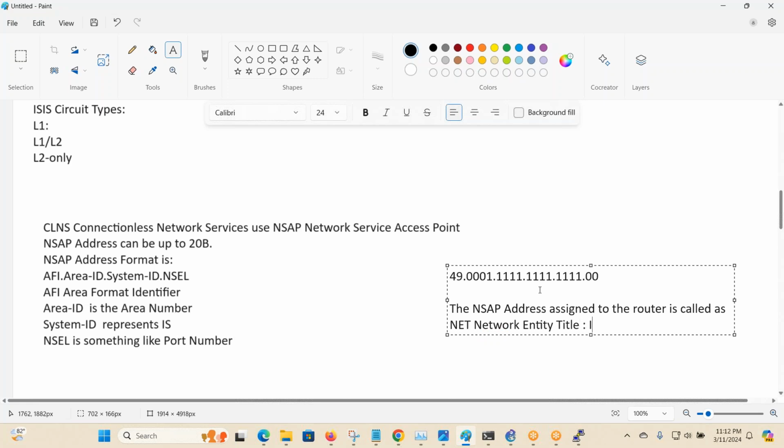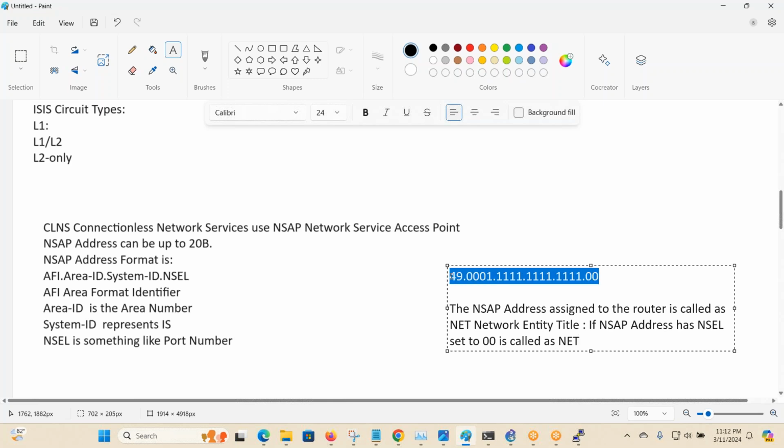If an NSAP address has the N-cell set to 00, it is called a NET. So we have N-cell 00, and that's why we can call it NET, Network Entity Title.